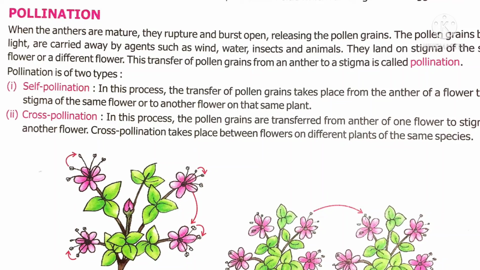Finally, we can conclude that for self-pollination only one bisexual flower is required, in which both the male and female parts are present. But in cross-pollination, two different flowers are required, one male and the other female. Now the question is how the transfer of gametes from the male part of the flower to the female part occurs.